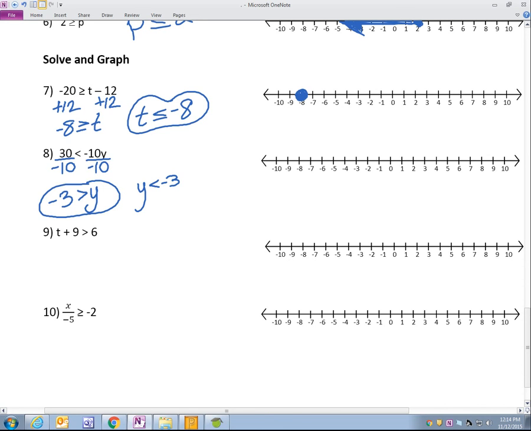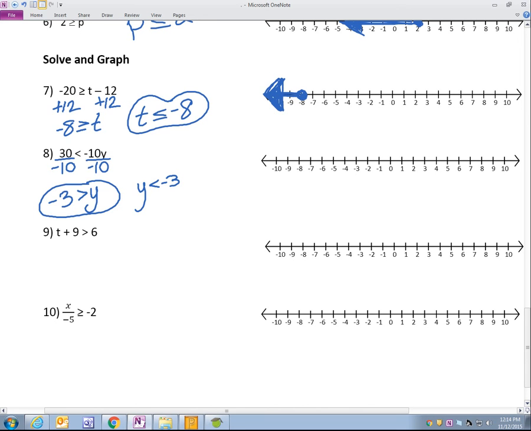And I have it so the variable's to the left, so I'm going to put a less than or equal to sign right here, and I'm just going to color that in. Good.